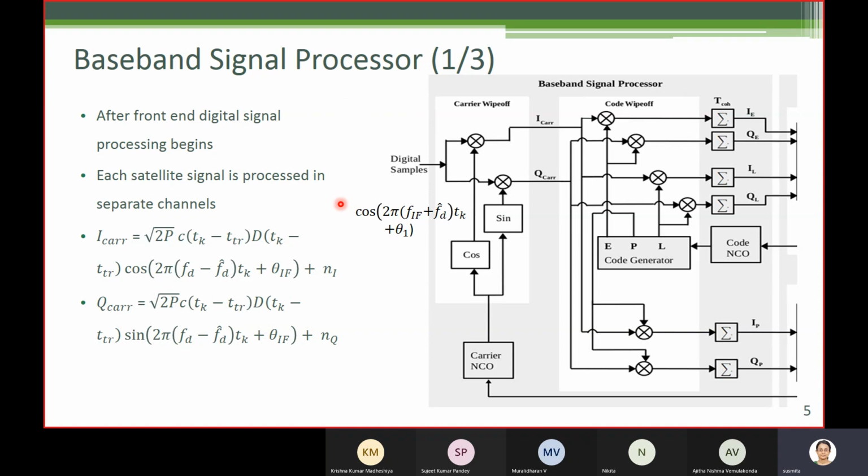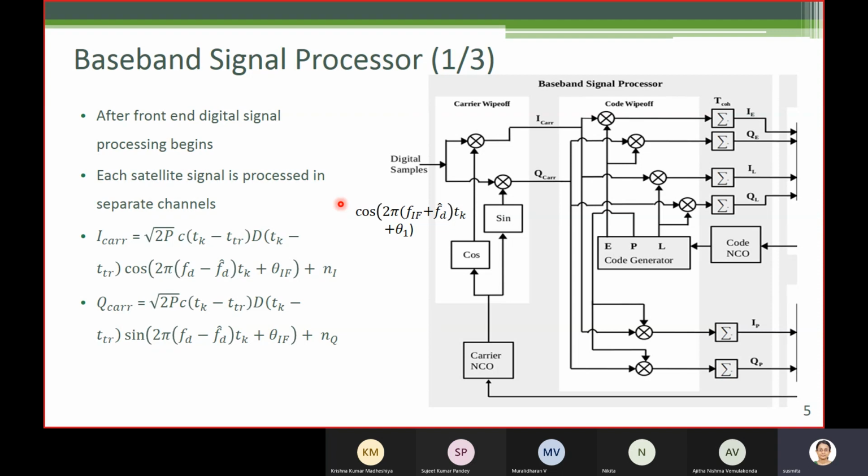A multi-constellation receiver should be able to process hundreds of channels. For example, some of you had shown on the Skyplot GPS, GLONASS, Beidou, QZSS.